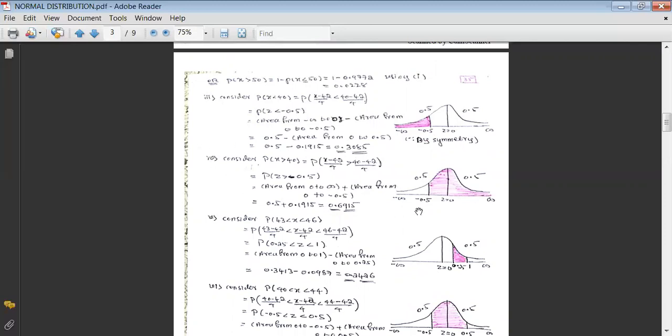Now let us concentrate on the fourth one. That is, consider the probability that x is greater than 40. Again, if you subtract the mean and divide by the standard deviation, it gives z is greater than minus 0.5. Minus 0.5 is here and I want the area greater than, meaning above that. You can shade that.